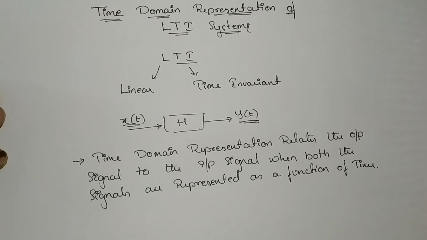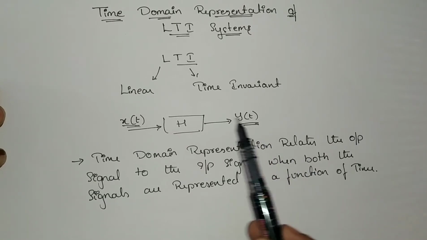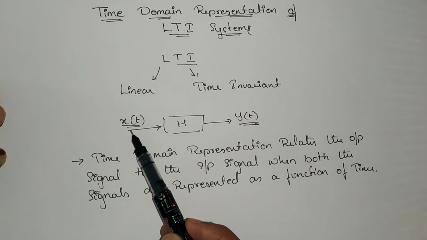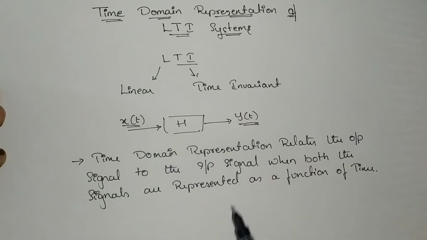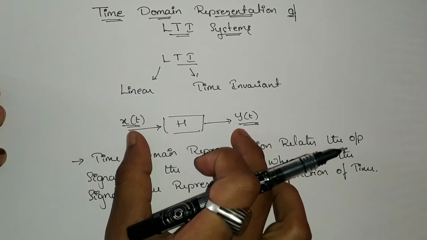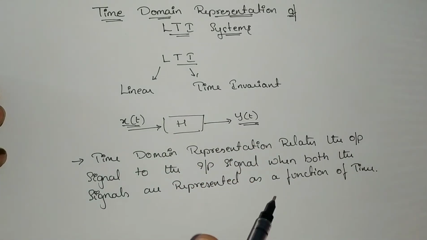Remember, time domain representation is nothing but relating the output signal to the input signal when these two signals are represented as a function of time. Only when these signals are represented as a function of time, we can relate the output signal to the input signal. Okay.